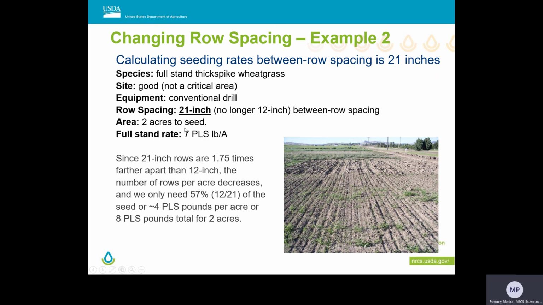Or you could take the PLS rate and divide it by 1.75, because your rows are now 1.75 times further apart, and you again would get about 4 PLS pounds per acre. And then for our 2 acres, we would double that. So we would have 8 PLS pounds for this field planting.